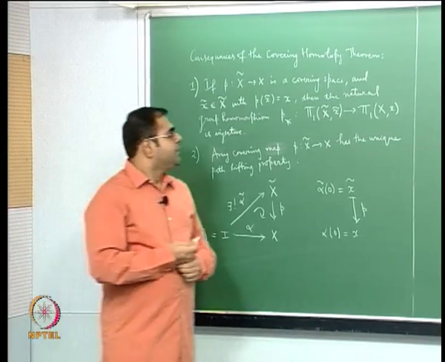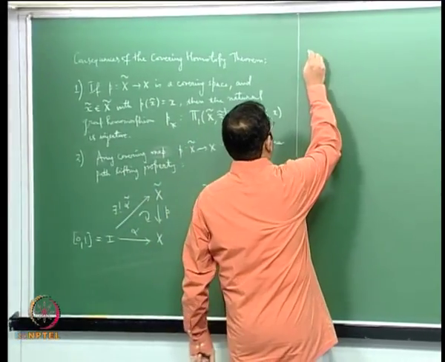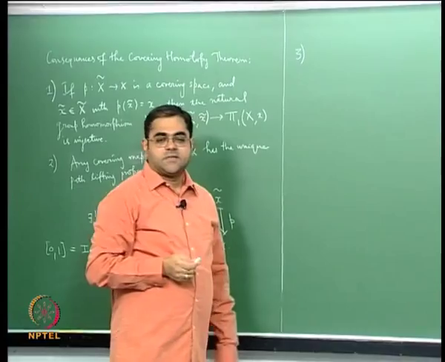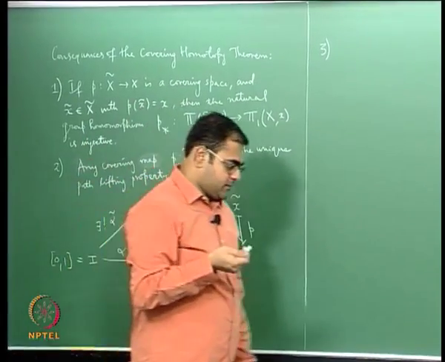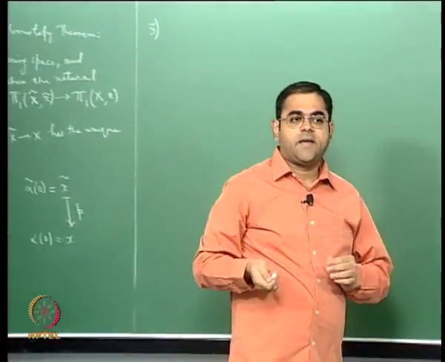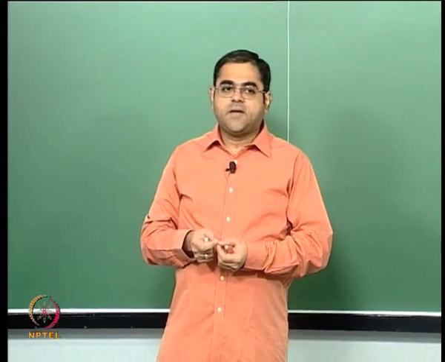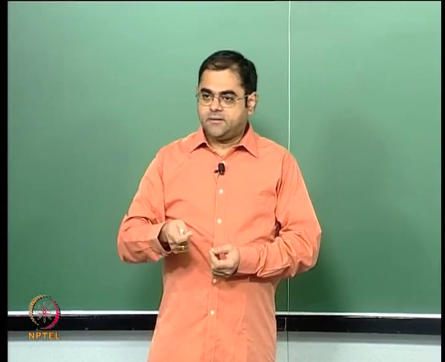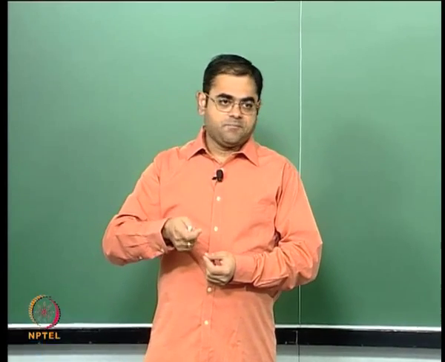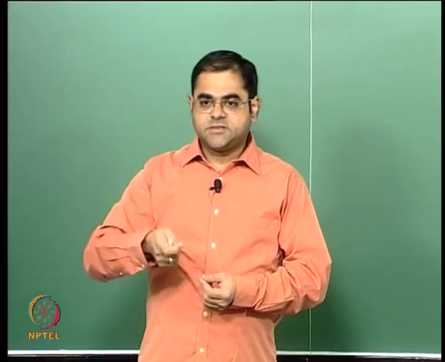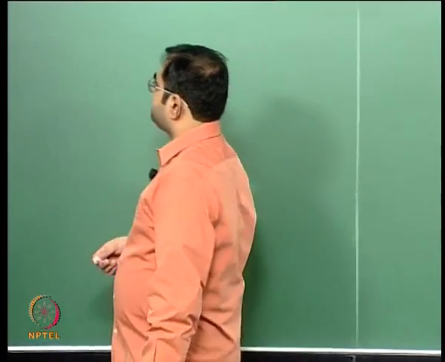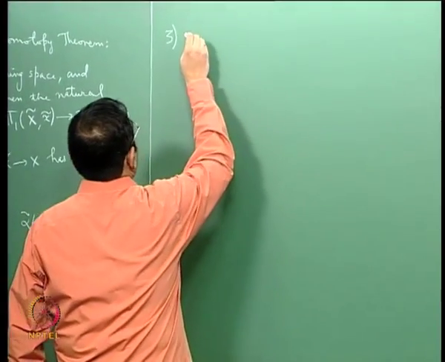Then we come to the third consequence, which is exactly the one that is going to explain why the fiber over each point, the inverse image of each point under a universal covering map, is canonically bijective to the fundamental group below. So let me write that down.